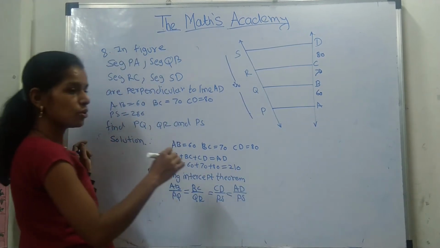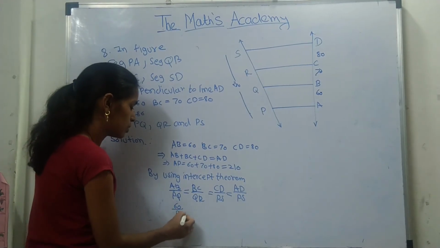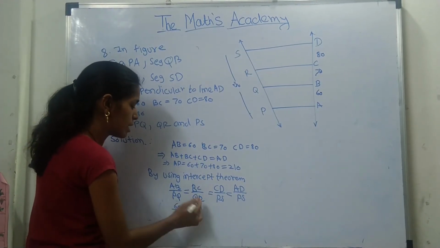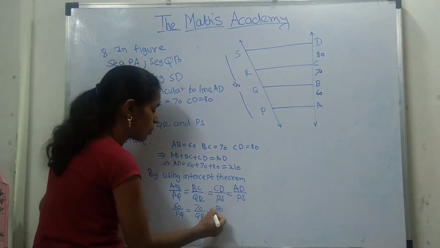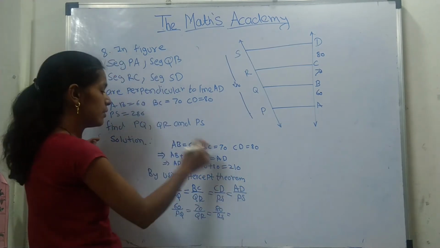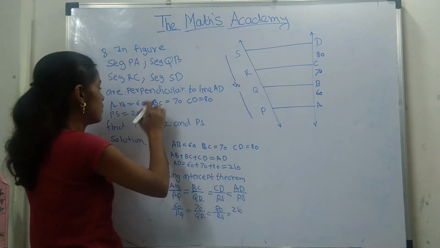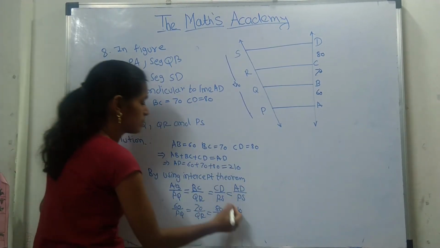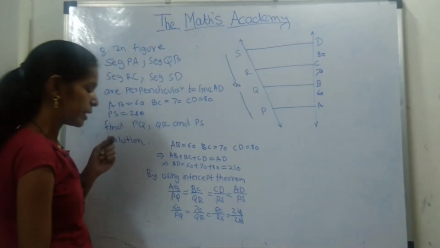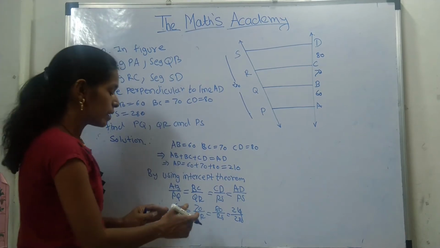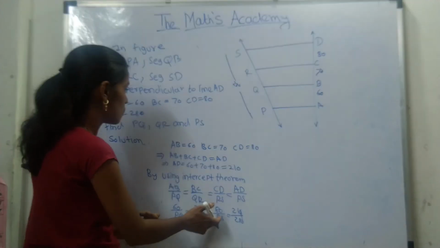Now substitute the values that you know. AB 60 upon PQ, BC it is 70 upon QR, CD it is 80 upon RS, and AD we know is 210 and PS we have been given is 280. If you cancel this, it will be equal to 21 upon 28. Now equate each ratio with the last ratio to get the value of PQ, QR and RS.